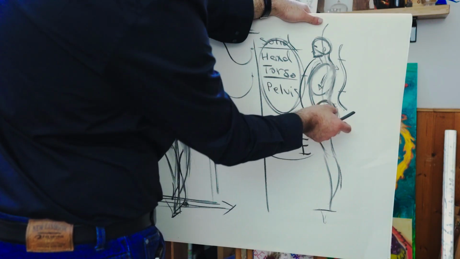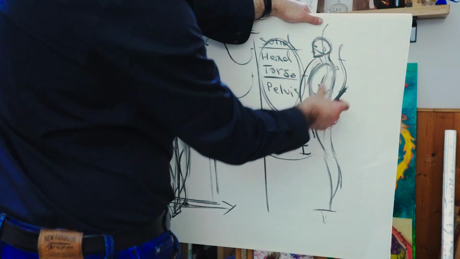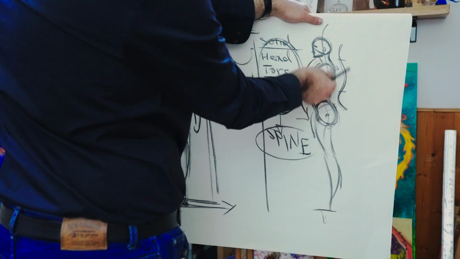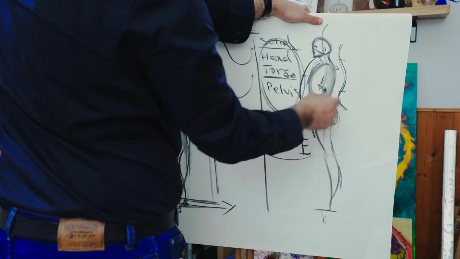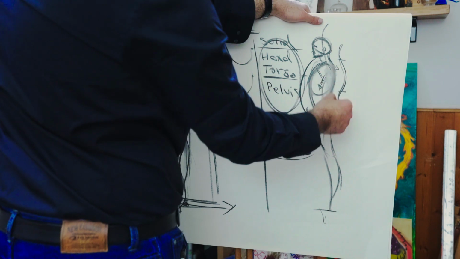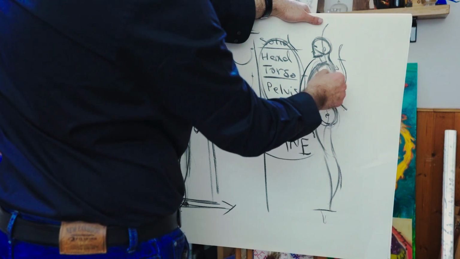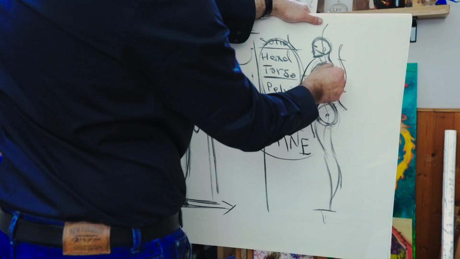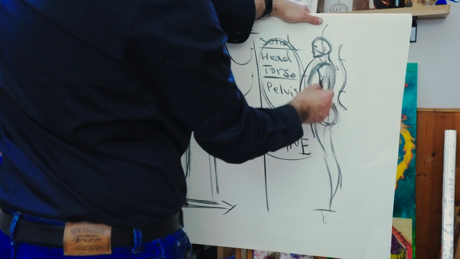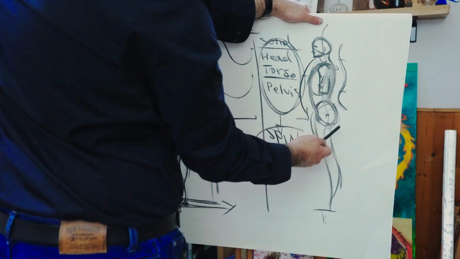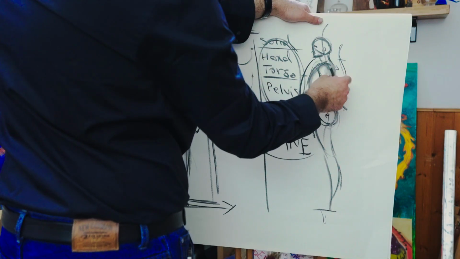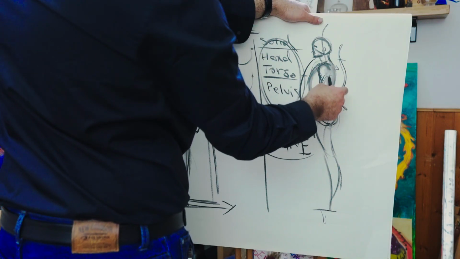And the legs are connected. They are kind of repeating the same type of directions here. And here you have the shoulder that comes down like this. I'm not gonna draw that because I don't want to cover the pelvis, but this is what you have.